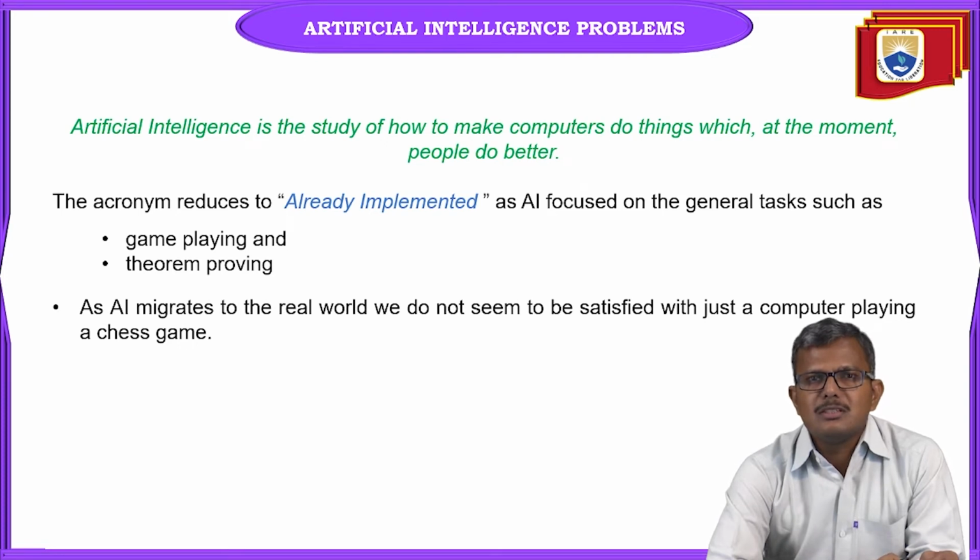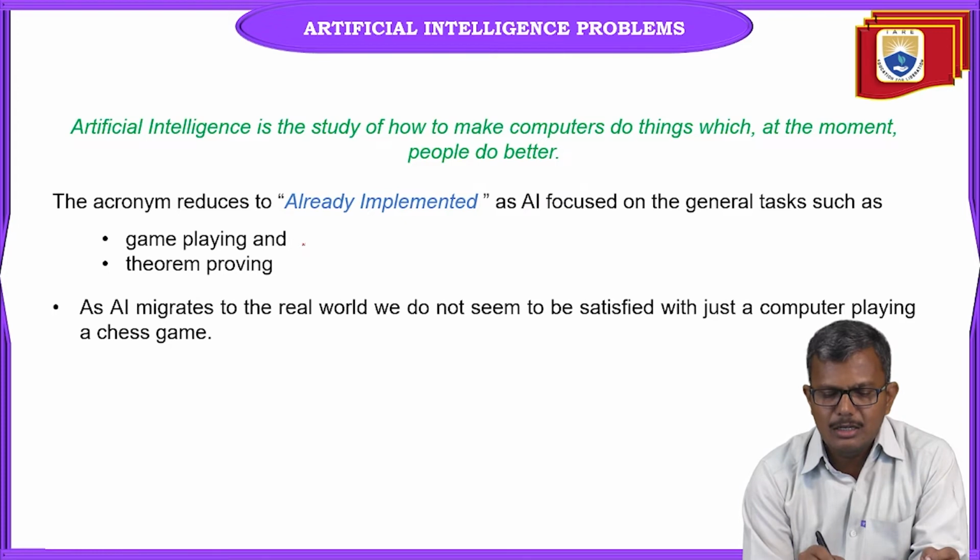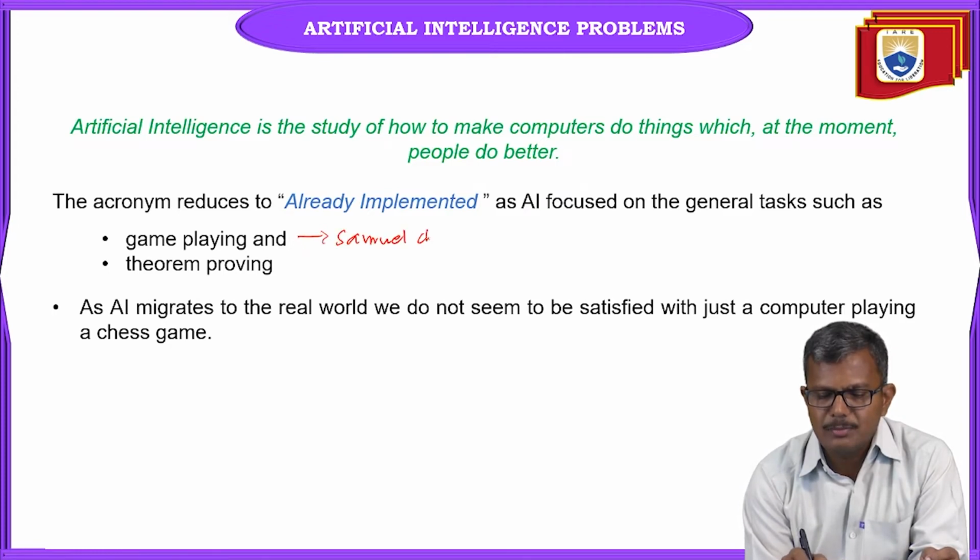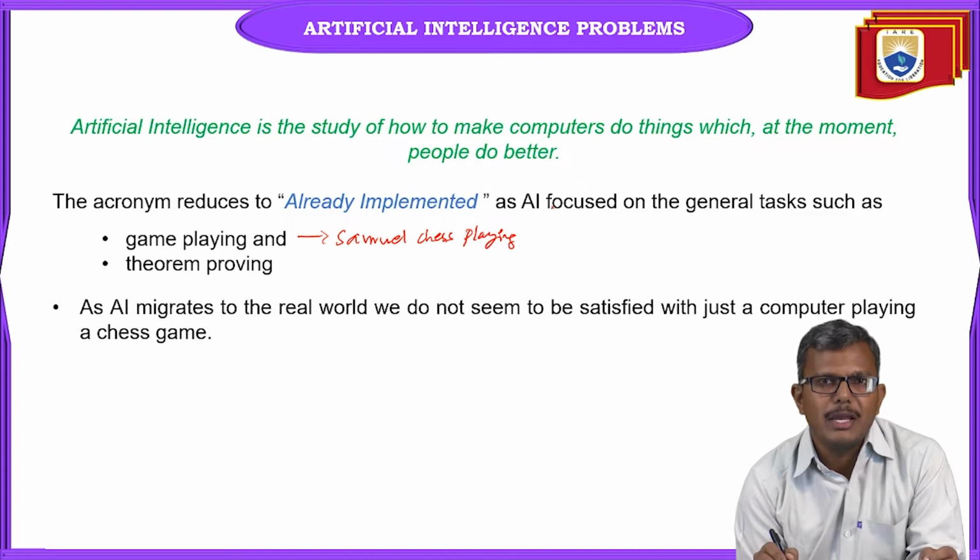So some research people are already saying that AI is nothing but already implemented. Here the question is why it is already implemented. There are two different areas where artificial intelligence was implemented long back. For example, in game playing, there is a game called Samuel's chess playing game, which was implemented using artificial intelligence long back.